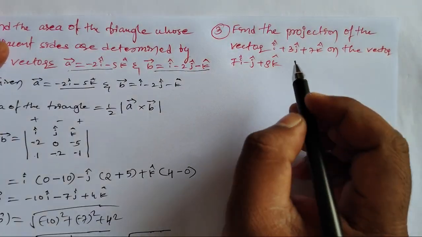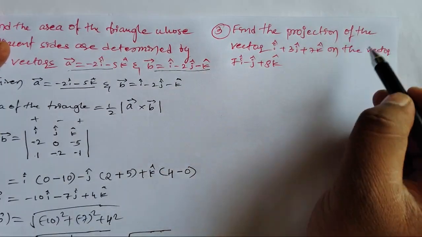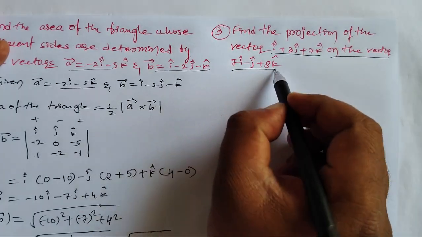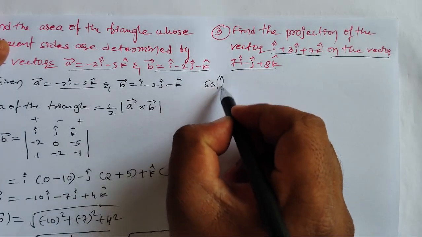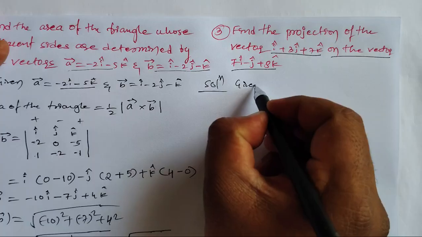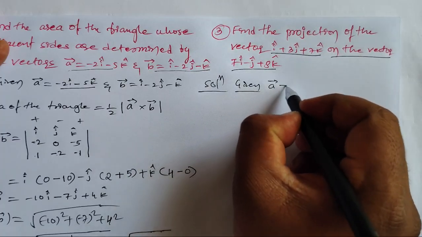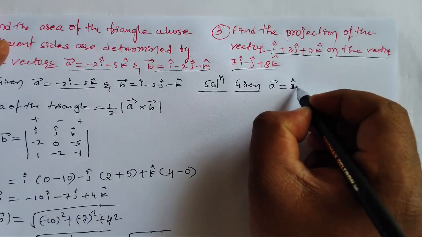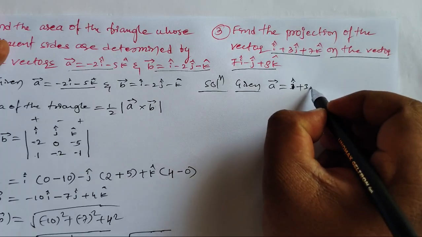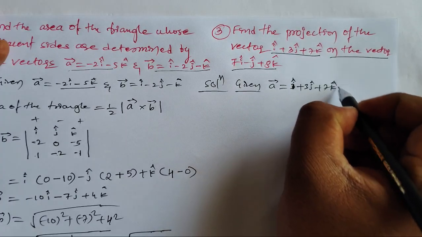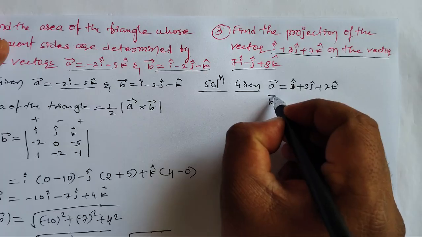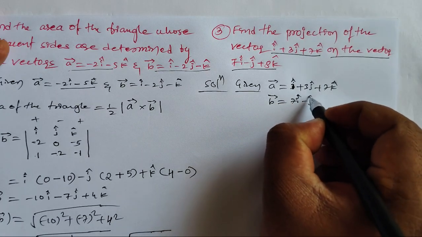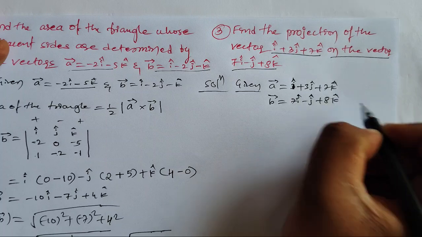Okay, next third question. Find the projection of the vector on the vector, this one. Okay, so solution. Let's first write the given vectors. A vector is equal to I plus 3j cap plus 7k cap, and B vector equal to 7i minus j plus 8k cap.